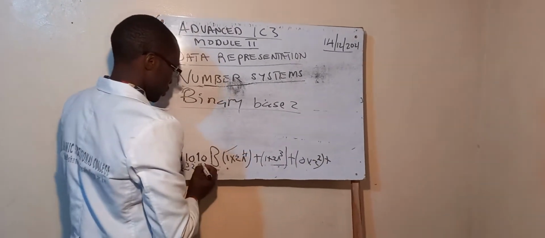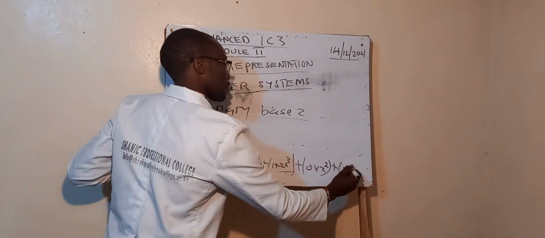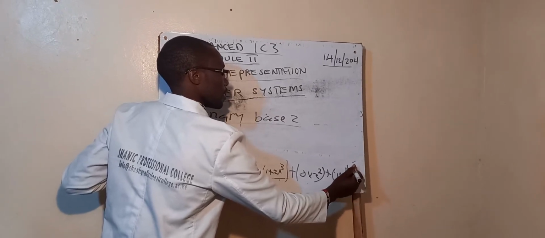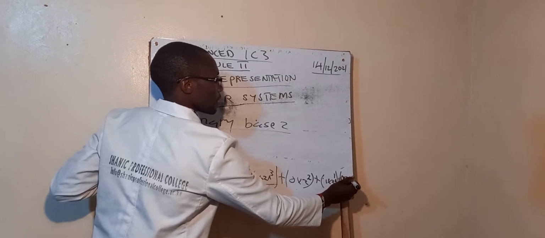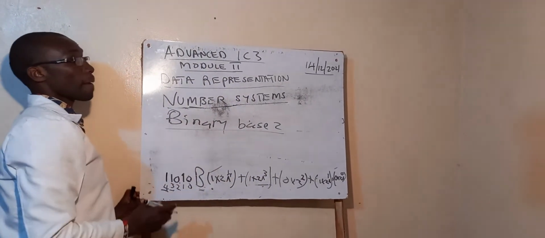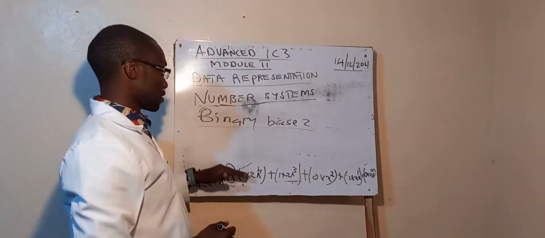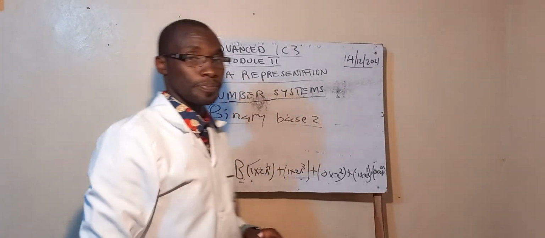Add 1 times 2 powered by the positional notation. Add 0 times the base powered by the positional notation. Whatever you get is under base 10, because you will be converting this binary form to decimal form.